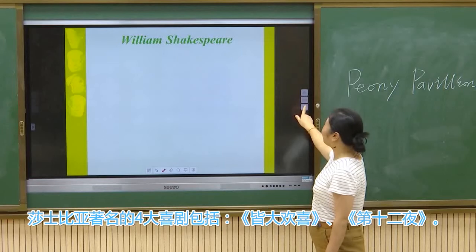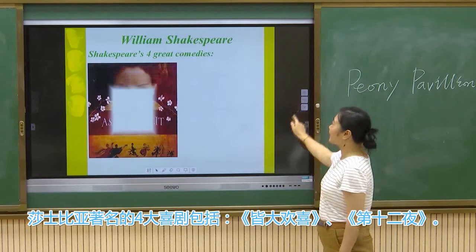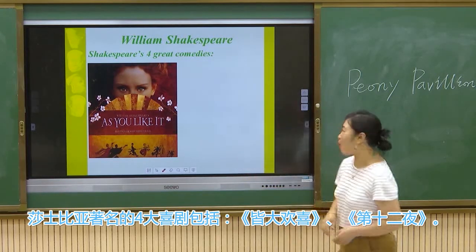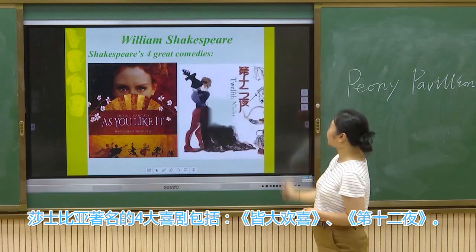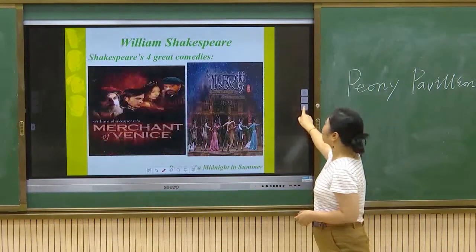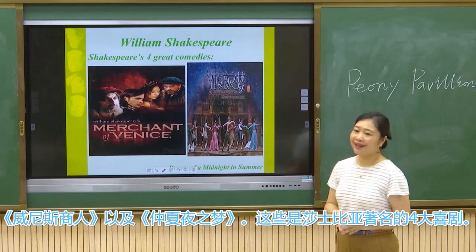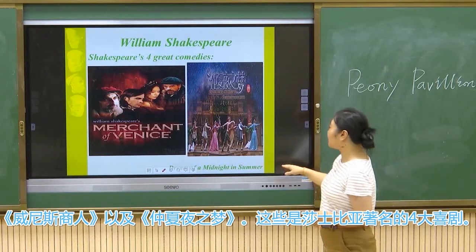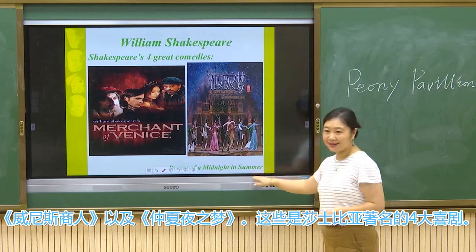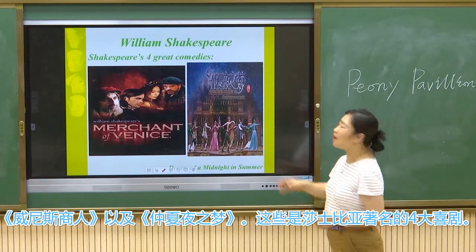And his 4 great comedies include As You Like It, that is what we say, 皆大欢喜, Twelfth Night, Merchant of Venice, and A Midsummer Night's Dream, 仲夏夜之梦. And these are his 4 great comedies.